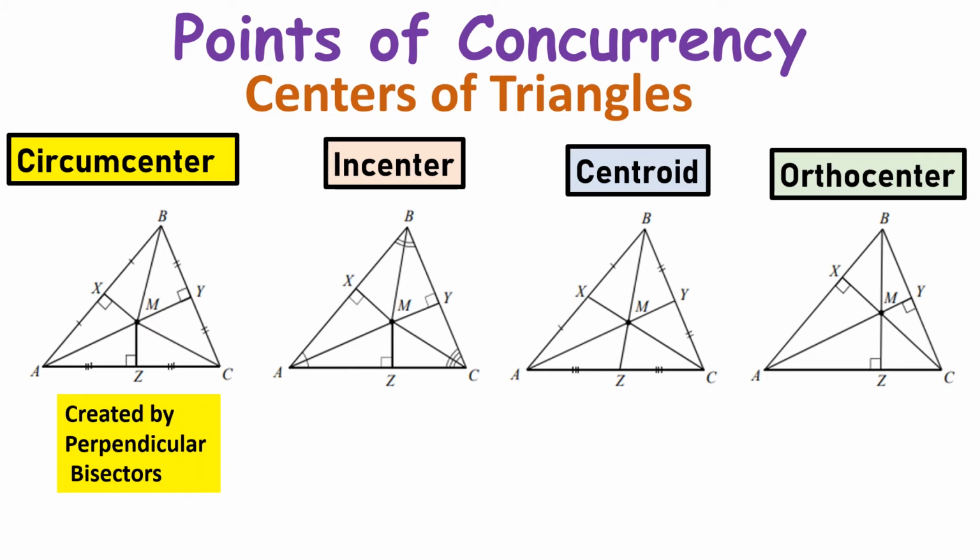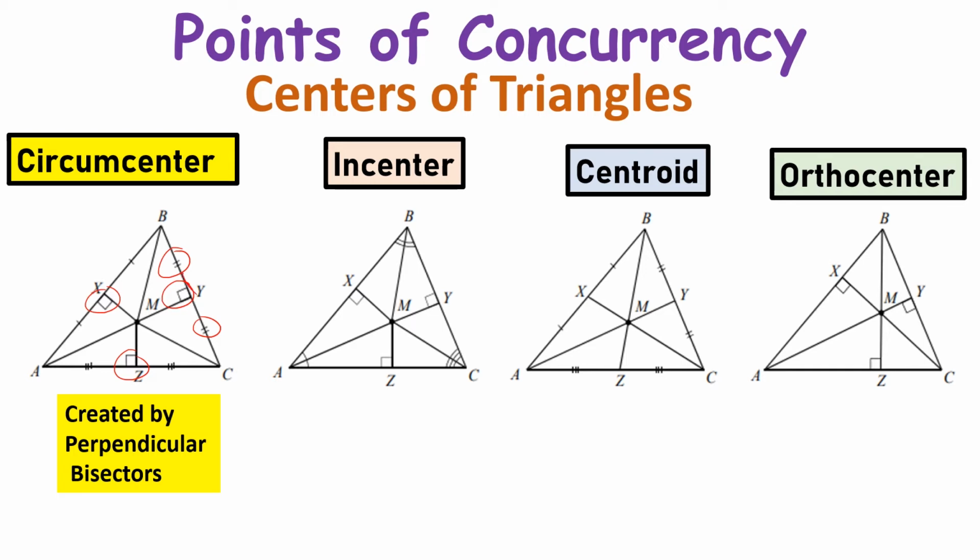So circumcenter is created by perpendicular bisectors, and as you can see here, we know that these are perpendicular bisectors because we have these right angles here, and they are bisectors because we have these congruence marks. So they're cutting each side in half equally, and they're cutting it in half at a right angle.